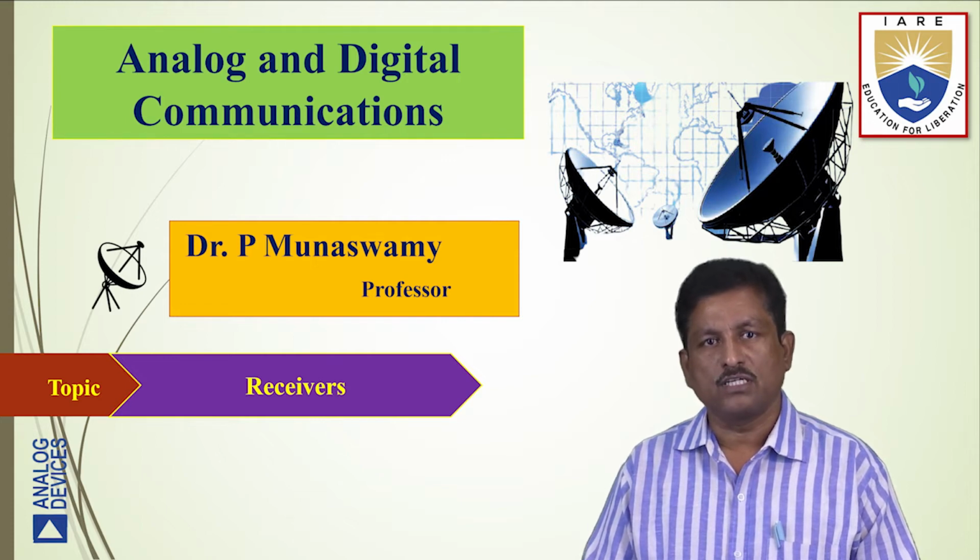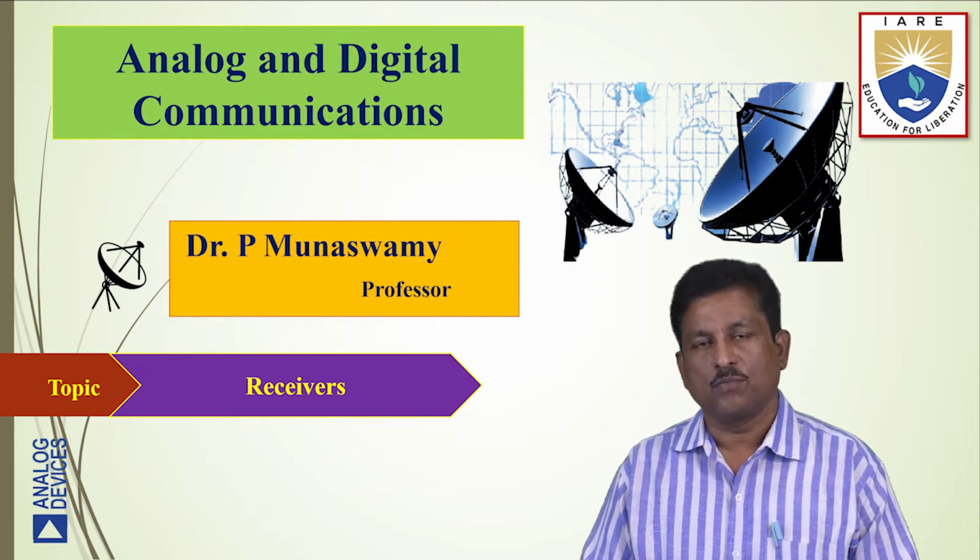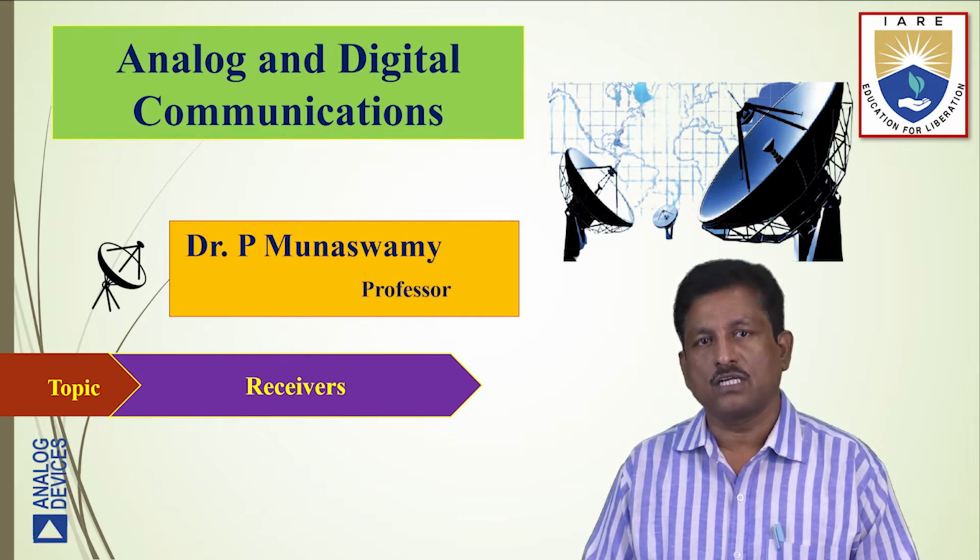Coming to the receiver side, we take the operation which is the reverse of modulation, known as demodulation. Whatever information is transmitted, the same can be retrieved by the receiver by the operation known as demodulation. Demodulation is a reverse process to modulation. We take the modulation operation at the transmitter side, whereas at the receiver side we take the reverse operation known as demodulation.